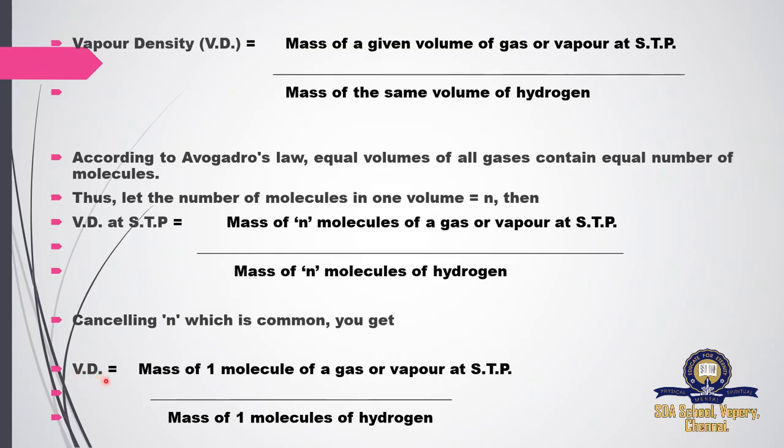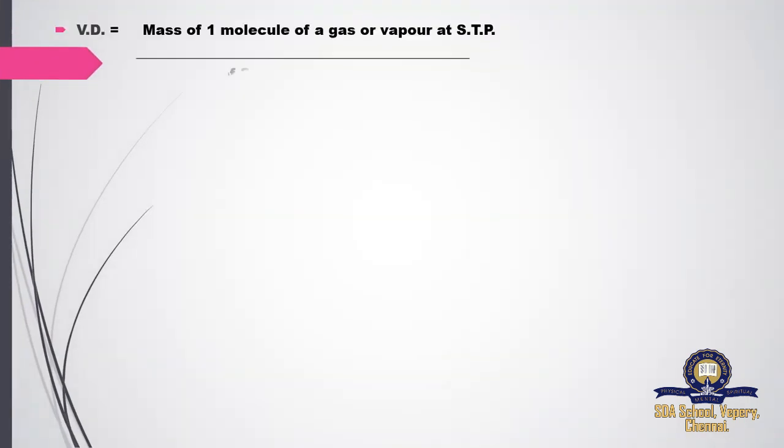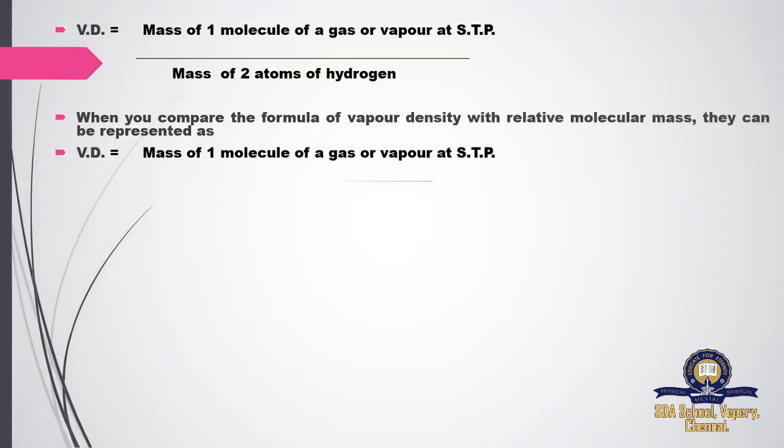The vapor density is equal to the mass of one molecule of gas or vapor at STP divided by the mass of one molecule of hydrogen. Yes, when we cancel n, only the one remains. In the previous equation, the vapor density becomes the mass of one molecule of gas or vapor at STP divided by the mass of one molecule of hydrogen.